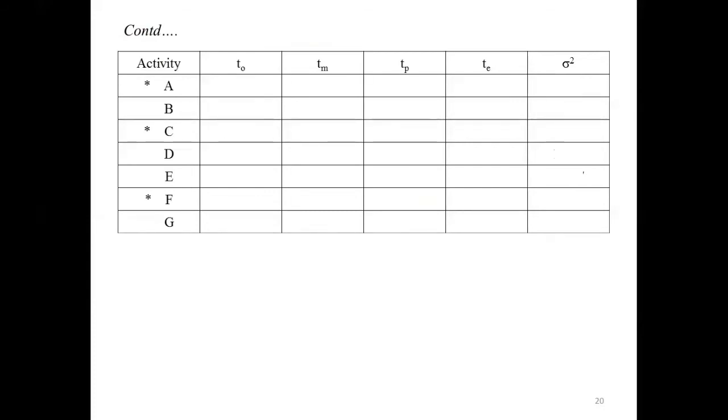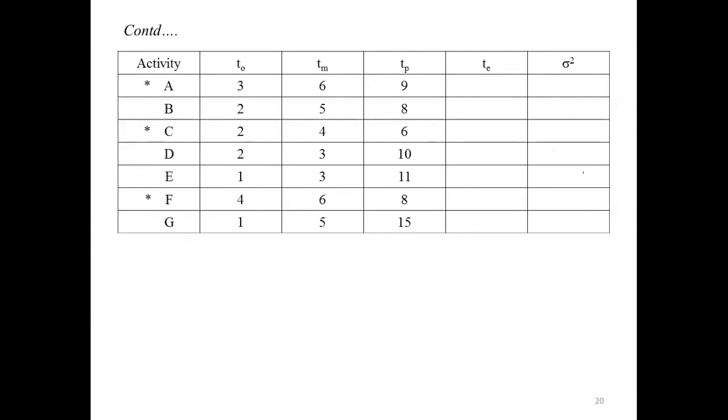That is, activities A, C, and F are the critical activities, and hence you have to represent them with a star mark. Then next, you write the TO value, the TM value that is given in the question paper, and the TP value, you have to represent in a similar manner.